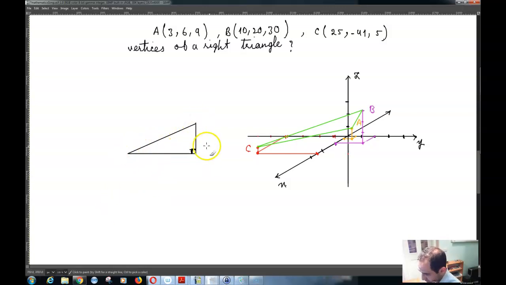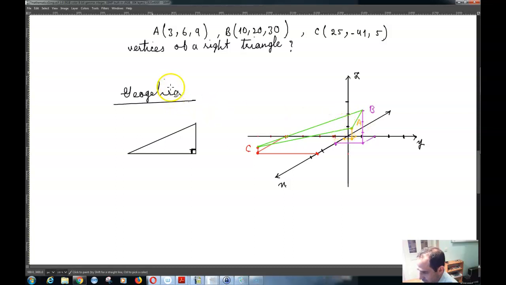But suppose that you use some geometry system, like, for example, GeoGebra. In GeoGebra, you can plot these points, and then there is a tool that you can use to actually measure this angle.